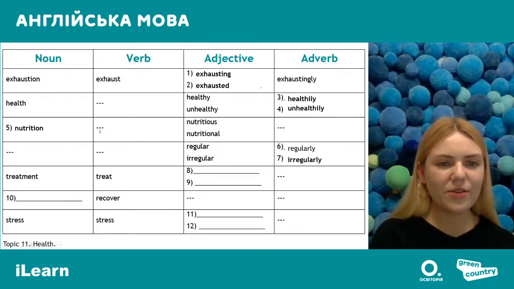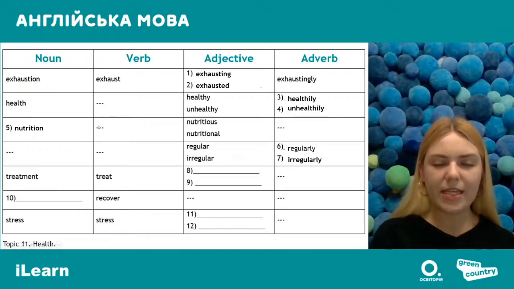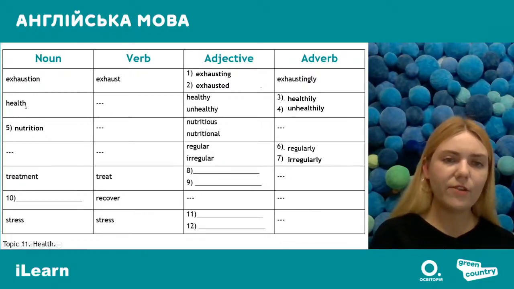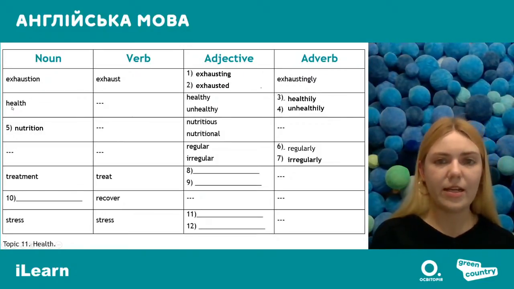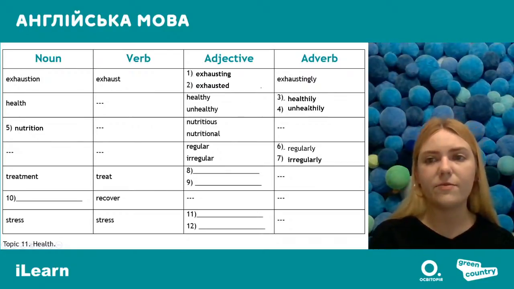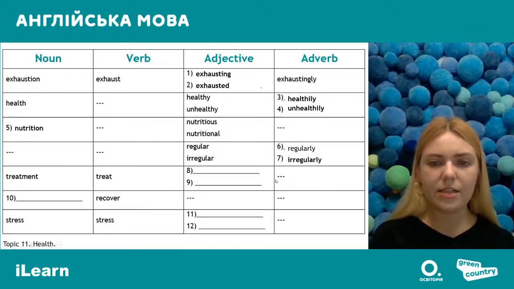Yeah, please pay attention when you have 3 small lines, коли у вас стоять 3 такі рисочки в якійсь лінії, це означає, що тут нема такого слова, да? Наприклад, healthy, у нас нема дієслова з таким самим коренем, з коренем health. Да? У нас є noun, іменник, у нас є adjective, прикметник and adverb, прислівник. Але дієслова нема. Тобто, якщо ви бачите 3 рисочки, значить там не буде однокорінного слова.